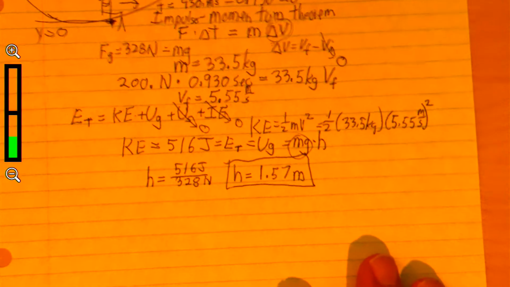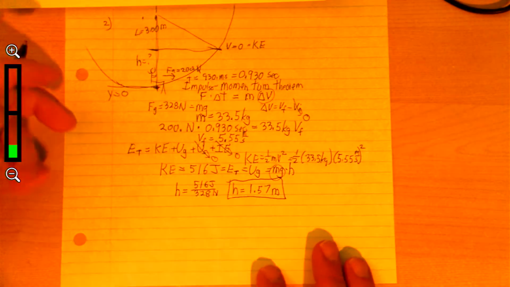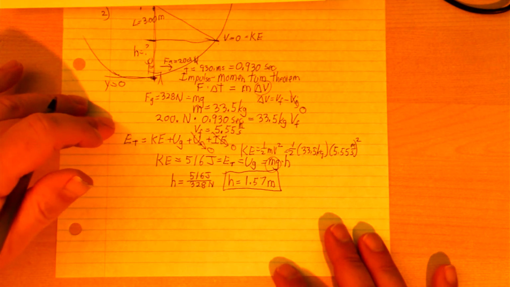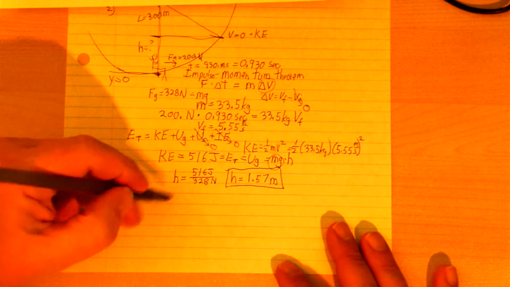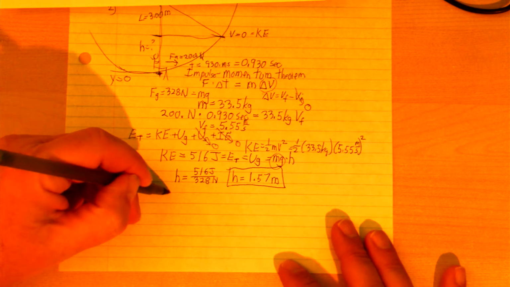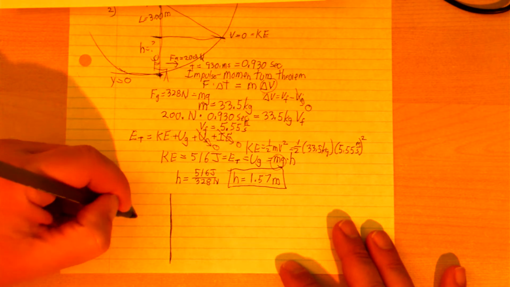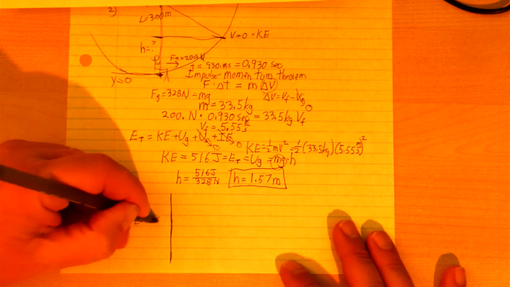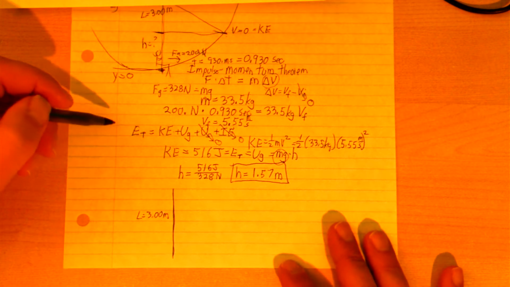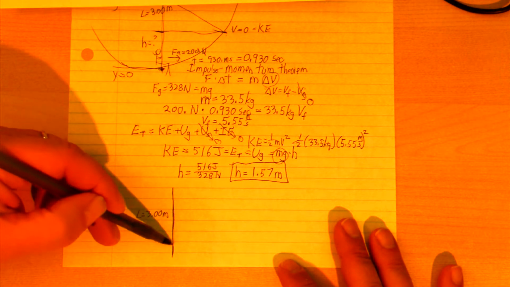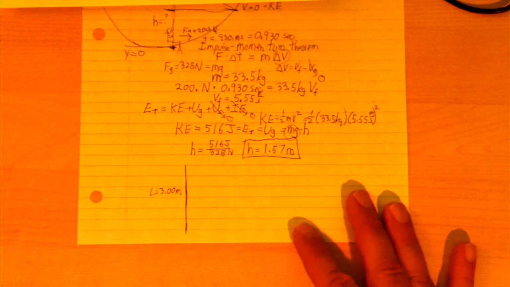Okay, now I'm going to deviate from the questions on the handout and share with you one more idea. Here is my length of 3.00 meters. After she rises, so what is this? 1, 2, 3, 4, 5, 6 lines on my graph paper.